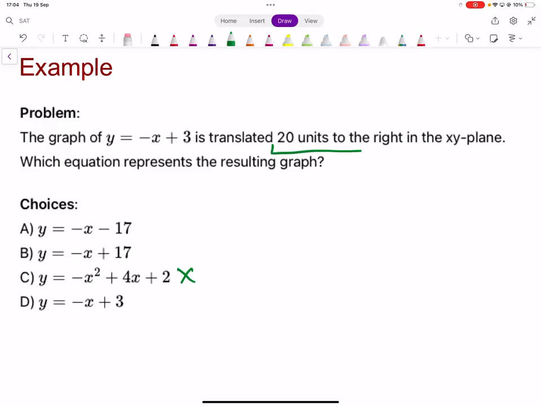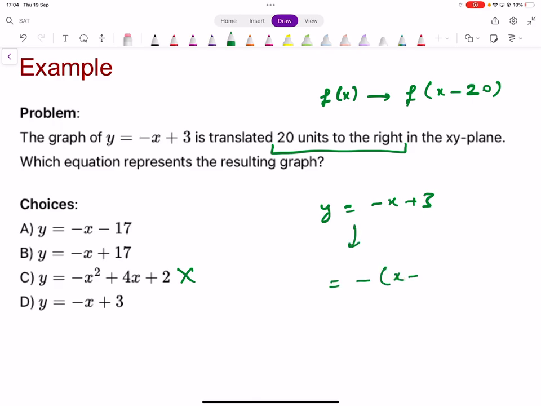20 units to the right. What does that mean? If it was f of x, it goes to f of x minus 20. We have minus x plus 3. In place of x, you put x minus 20. What does that mean? Minus into x minus 20 plus 3.